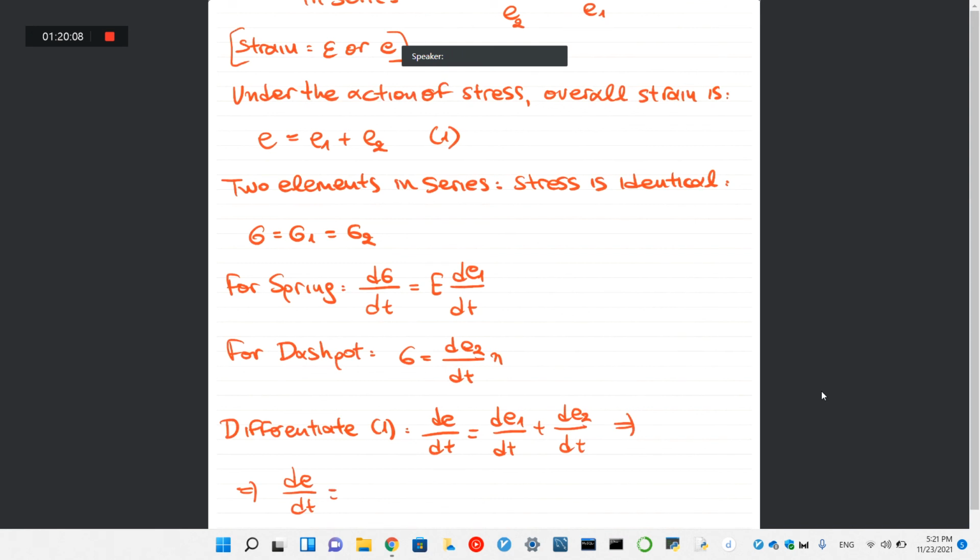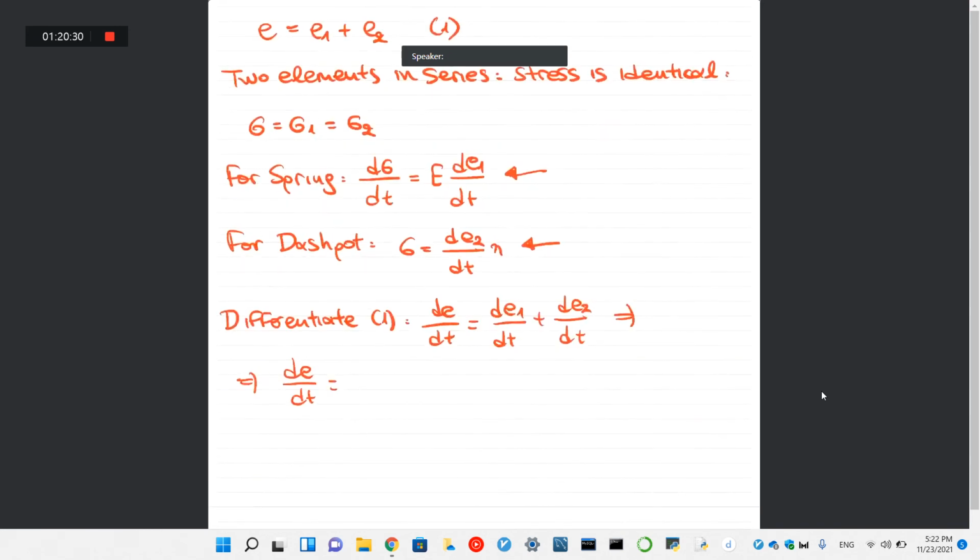And de2 over dt we solve from Hooke's law, from Newton's law, sorry. So we substitute Hooke's law and Newton's law into the differentiated equation 1, and we obtain de over dt is 1 over E d sigma over dt plus sigma over eta. Okay, and let's say this is equation number 2.